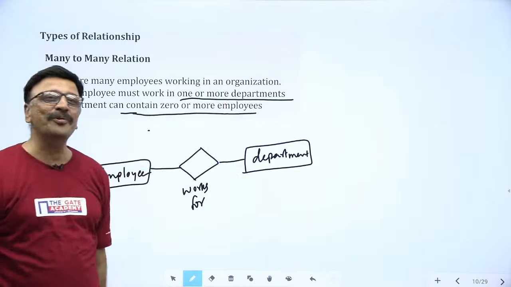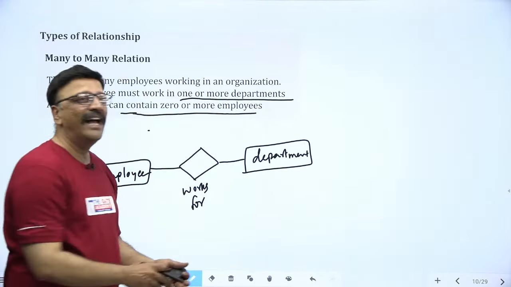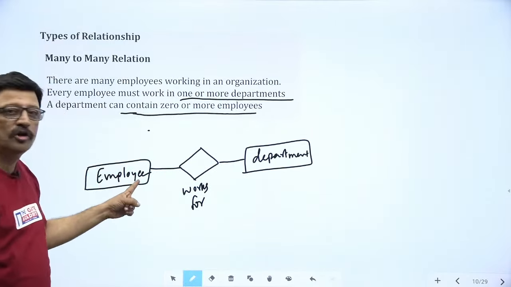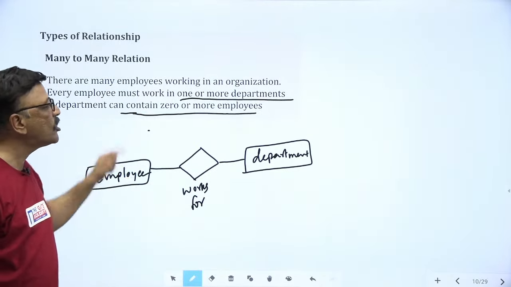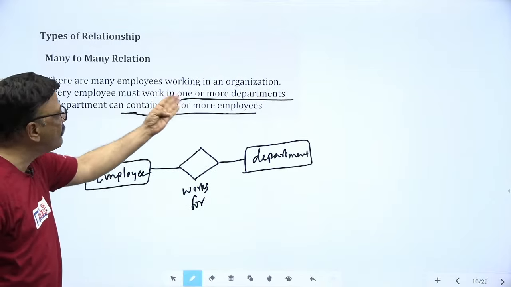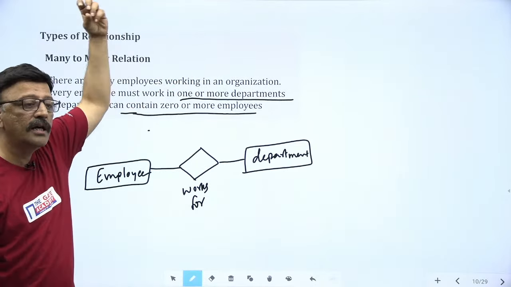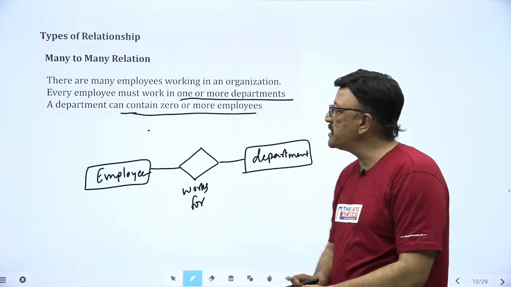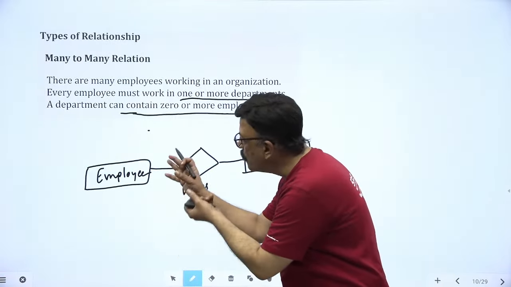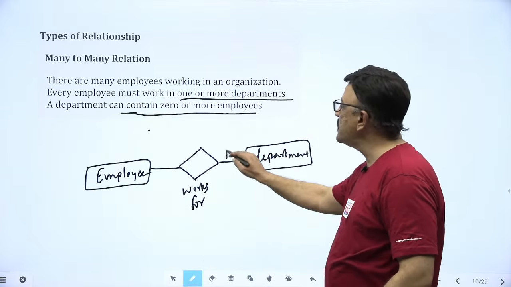Don't come to a conclusion that this should be one. Ask some other person also, how many departments do you work for? That person might say, I work for 3 departments, because that's the way our organization is appointing people in the departments. What that means is, there can be some employees who work for multiple departments. This is the many side.